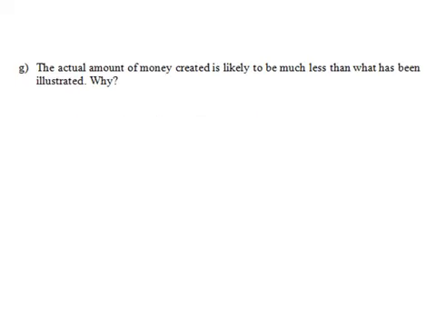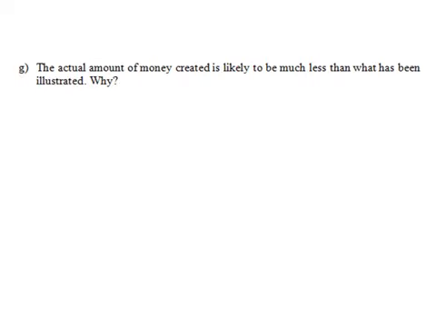Now, what we have done so far for this question, the earlier two parts, was to use the formula to calculate the money multiplying effect when commercial banks lend out, to find out how much new money is being created by using the formula money multiplier times the initial excess reserves. So we have calculated based on a $5,000 deposit.